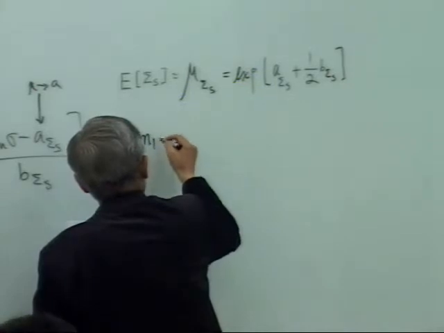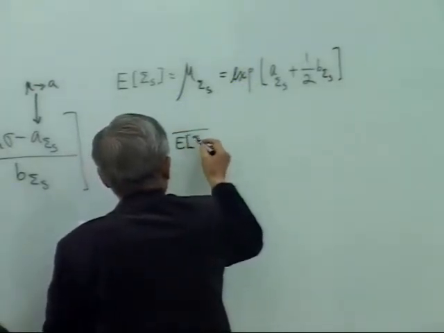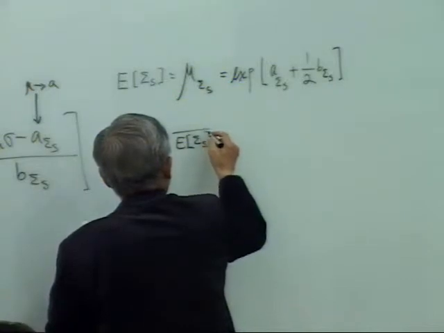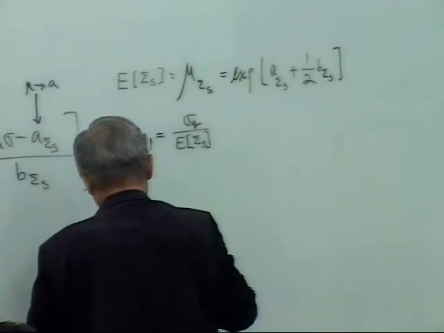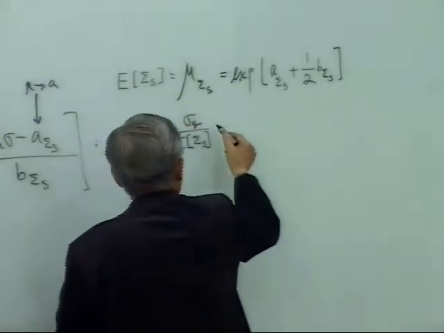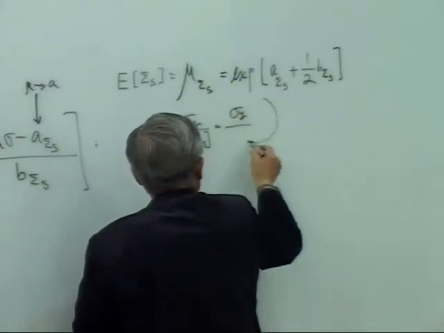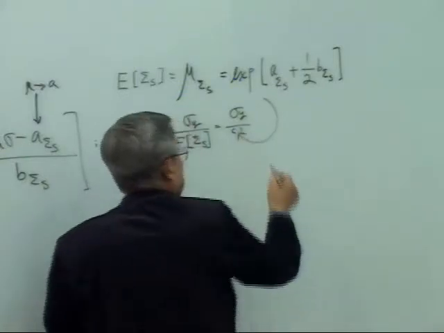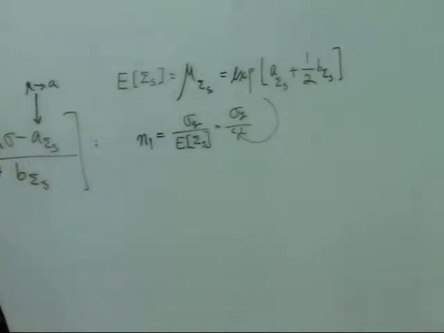Then you can get this as e to the es over sigma y. Of course this is a deterministic value, and this comes right there. You can get the central safety factor.